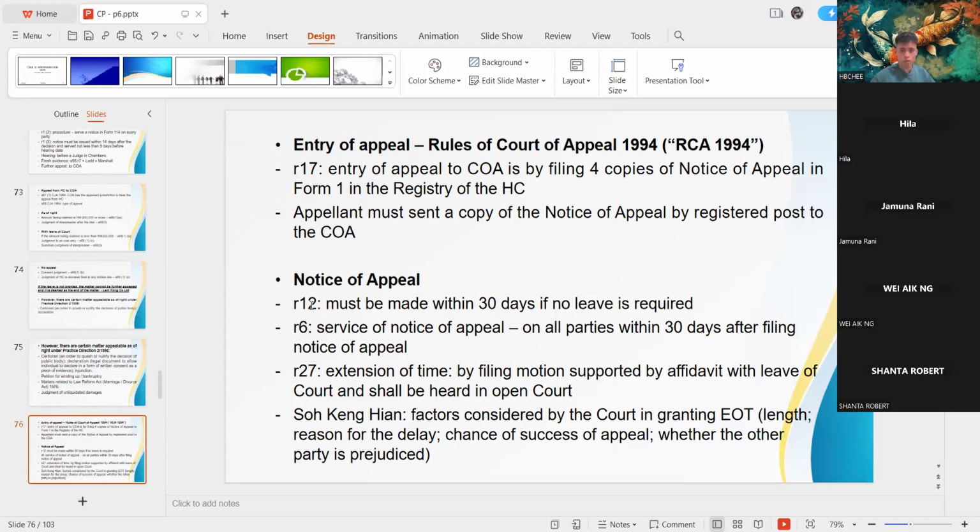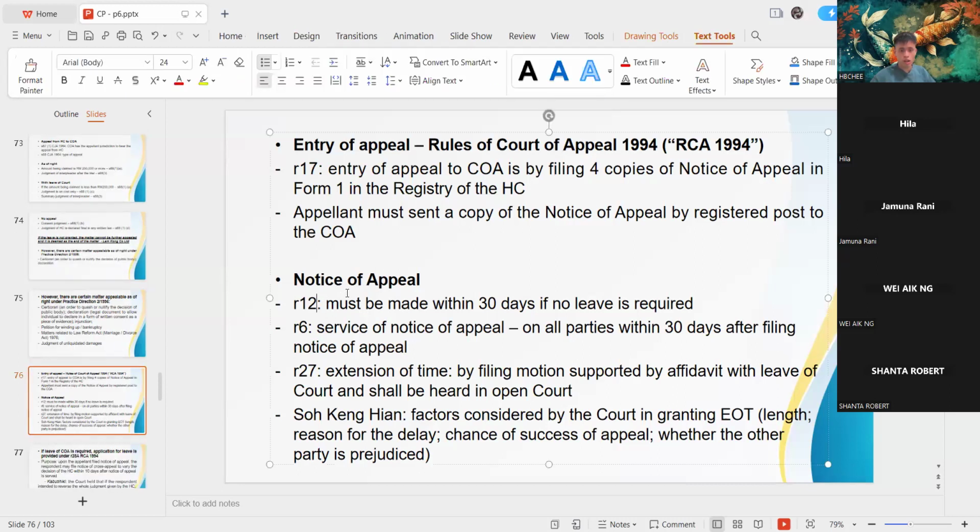And the notice of appeal, this is how the timeline is. Under Rule 12, it must be made within 30 days if no leave is required. And then Rule 6 says that the service is on all parties within 30 days after filing of notice of appeal.